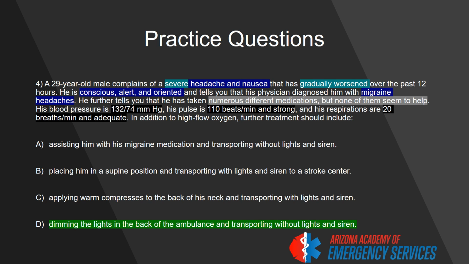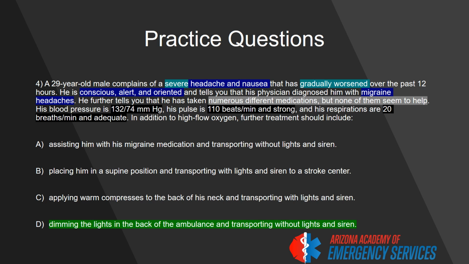Of course, lights and sirens, code 3, driving in the ambulance, is both of those, bright lights and loud noises. So driving without lights and sirens is exactly what we want, but again, like we talked about earlier, assisting him with his migraine medication, we do not have protocols or the knowledge basis to administer migraine medications to a patient. So we can rule out answer option A.